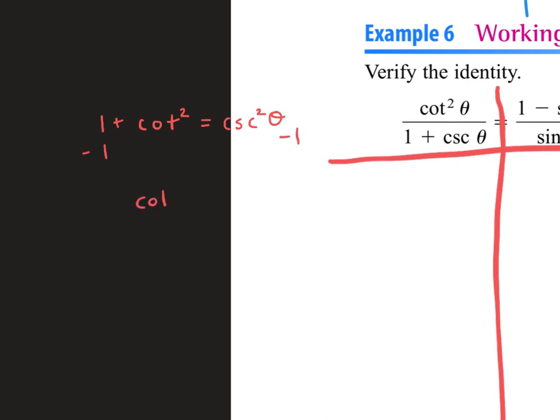So cotangent squared is equal to cosecant squared minus 1. So we're going to change this out for cosecant squared minus 1. That way we have all cosecants on one side. Maybe we can see if we can get a little bit further this way. So we have cosecant squared minus 1 on top, and 1 plus cosecant theta on the bottom.